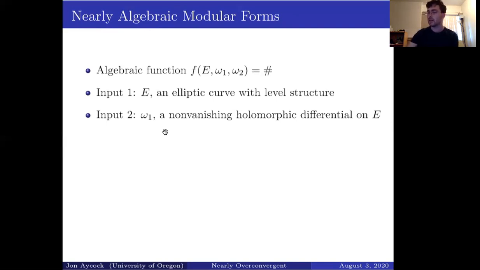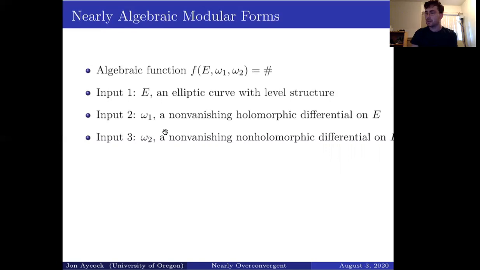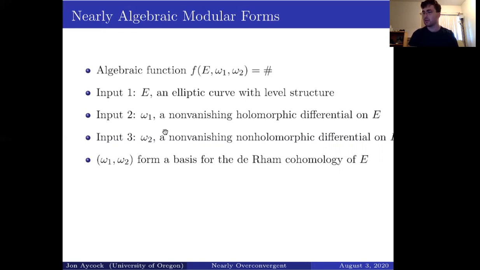So omega 1 is a non-vanishing holomorphic differential on E. And we're adding a third input, omega 2, which is a non-vanishing but not holomorphic differential on E. And the idea behind this is that this pair, omega 1, omega 2, is supposed to form a basis for the de Rham cohomology of E. So not just omega 1 forms a basis for the cotangent bundle of E. We want the de Rham cohomology, which is rank 2. So we need two elements in our basis, and the first one is going to be holomorphic, and the second one can be anything else, as long as together they form a basis.